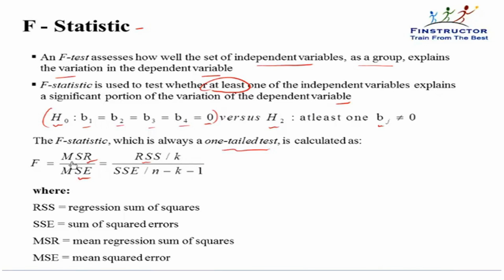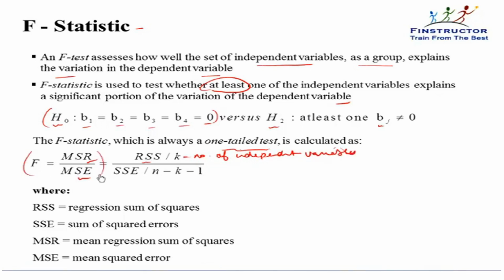So the degrees of freedom of the regression is the number of independent variables. The mean squared error is the sum of squared errors upon n minus k minus 1. The degrees of freedom of the error is n minus k minus 1, where k is the number of independent variables. We will see this again in multiple regression as well.